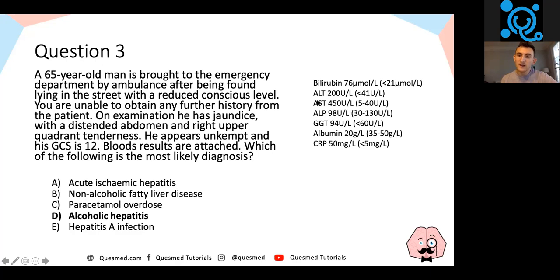But the main thing here is that the AST, which is another plasma enzyme that we use in liver function tests, is significantly elevated, much more than the ALT. And when that happens, it often implies that the cause of hepatitis is alcohol.